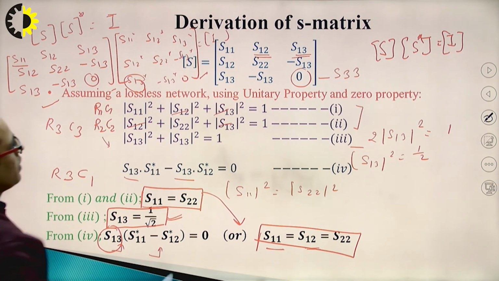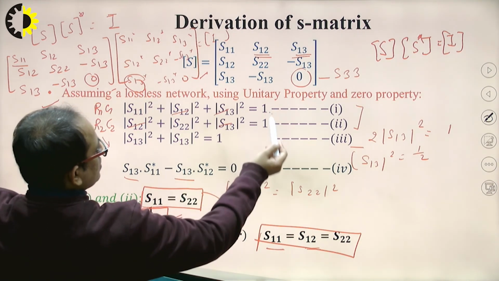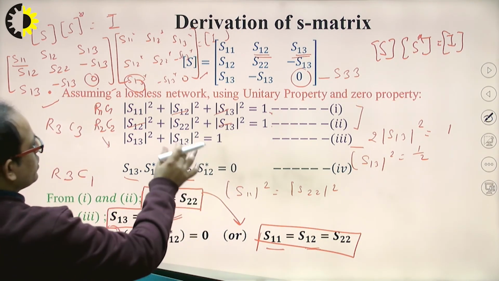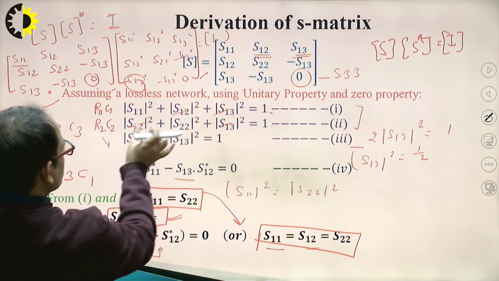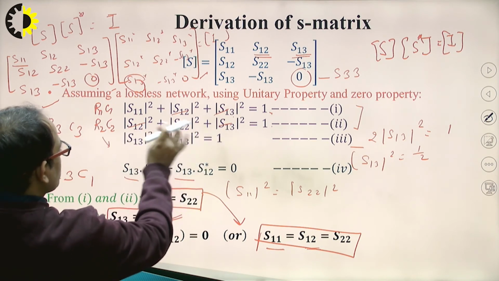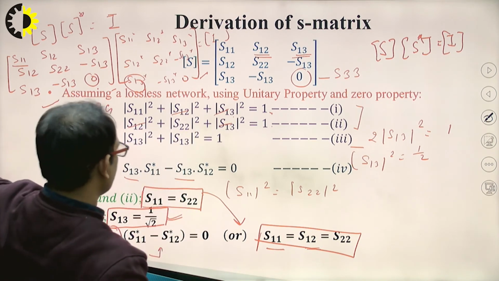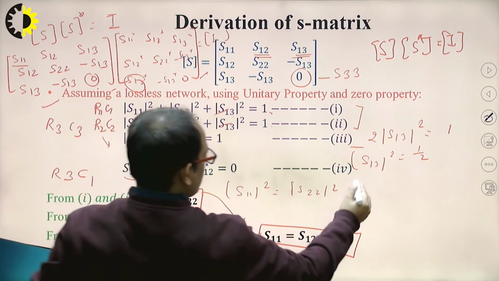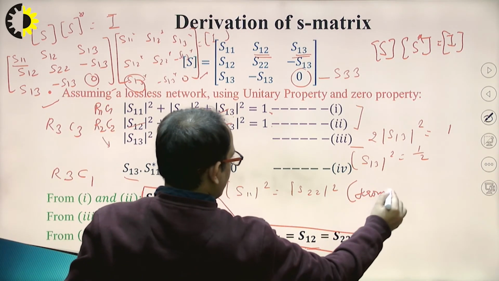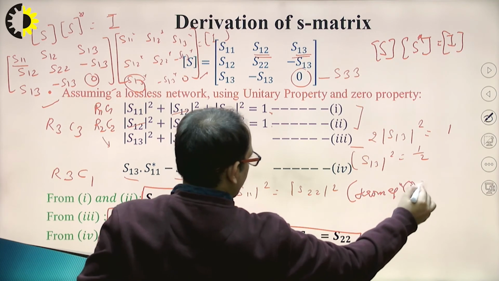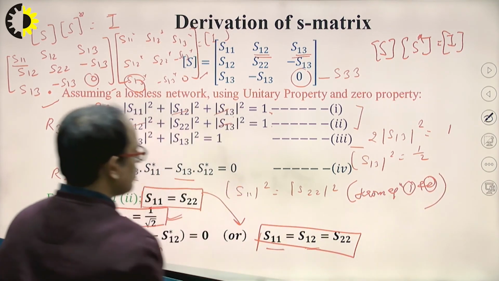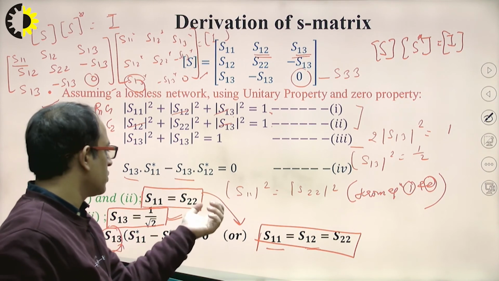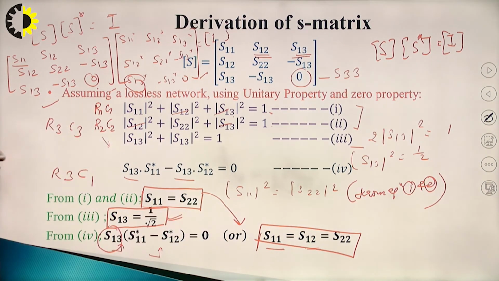Now see, from these two equations you can conclude that this is S13 plus S12 and S12 plus S13. From equation number 1 and 2 you can conclude that S11 equals S22.